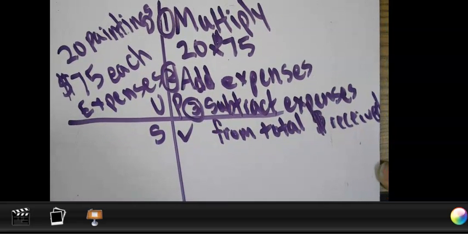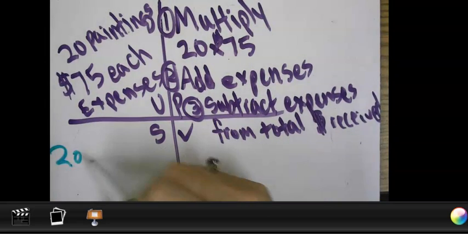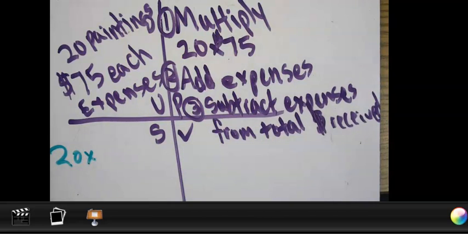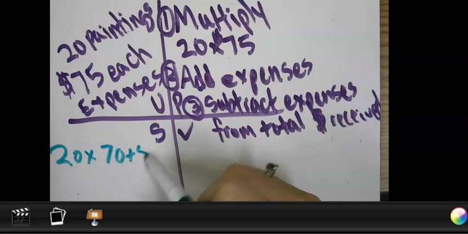We are going to multiply 20 times 75. The way that we do that is we break up our number 75 into expanded notation. So we'll have 20 and we're going to multiply that by 70 and 5. Okay?